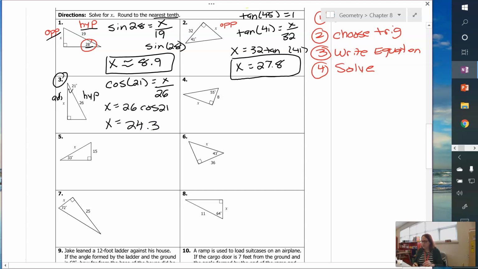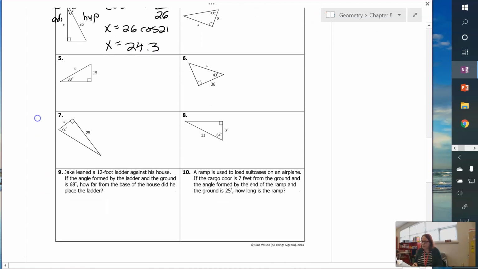Okay, now I'm going to do a different kind of problem. I'm going to do number 6. Check it out, see what's different. This time the x is the hypotenuse. And I have 43 degrees as the angle. 36 is touching the 43, so this is adjacent. I'm going to follow the same procedure.